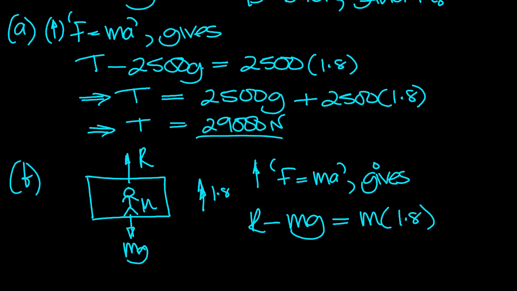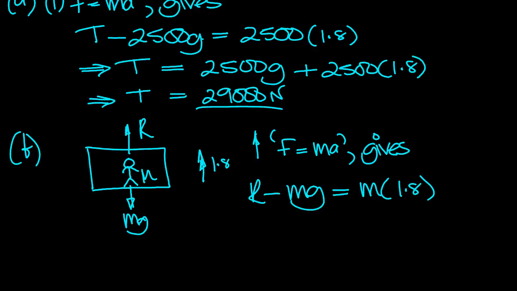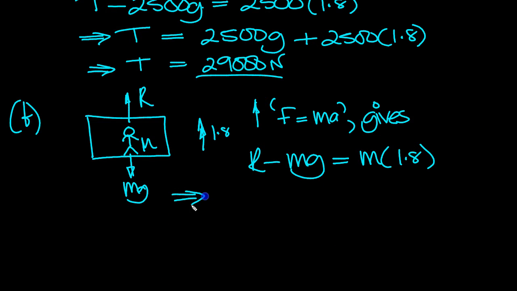We know R is, in the question, 696, so we can put that in. So that tells us then 696 is equal to, move this over there then, and it's going to be m. M is common, isn't it, when we move it over, and it's m times g plus 1.8.